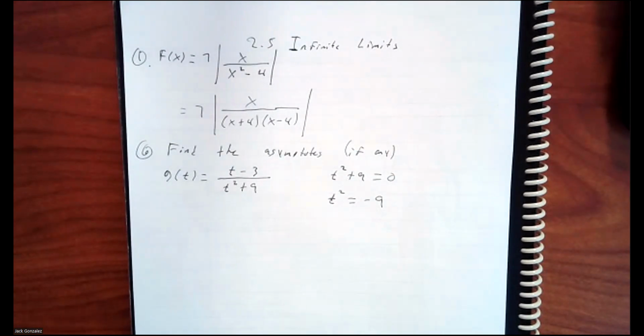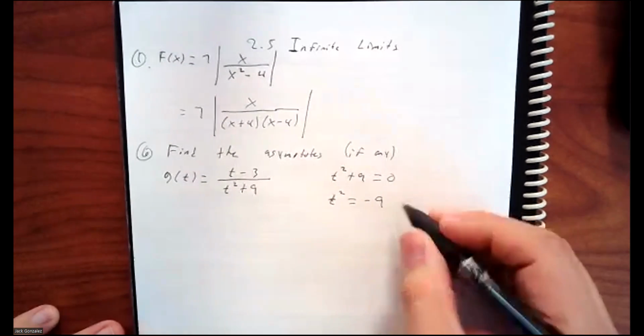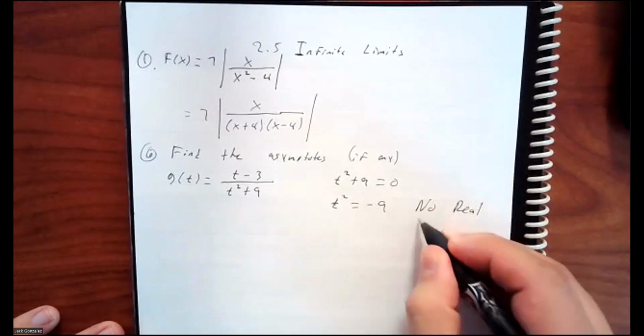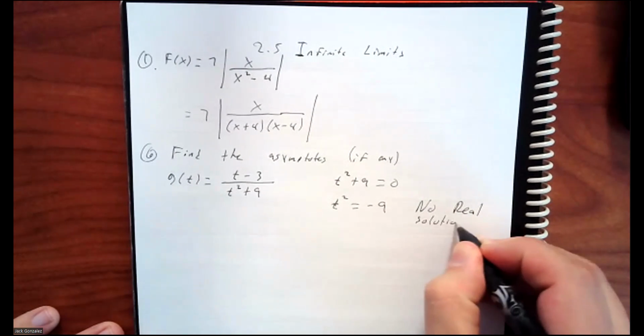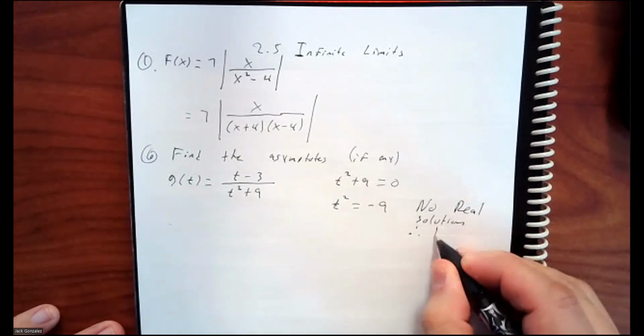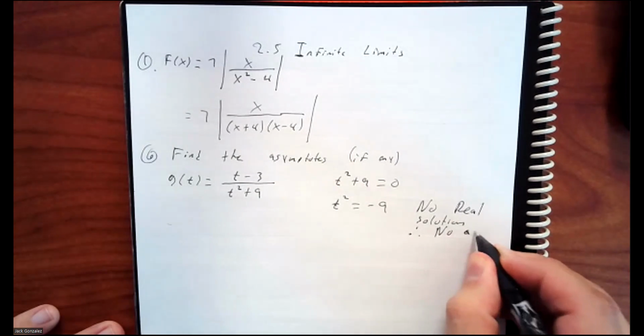Can you square root a negative? Right? There is no real number. There's a complex number, but no real number. So this right here shows us no real solution. Therefore, no asymptote.